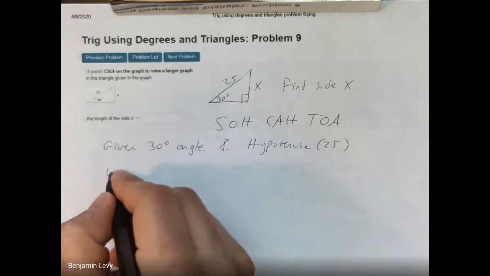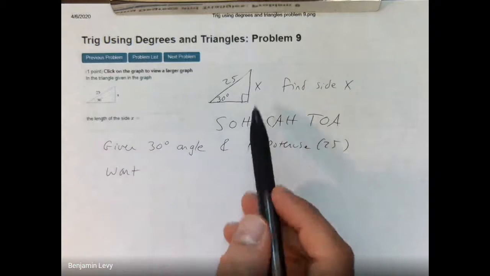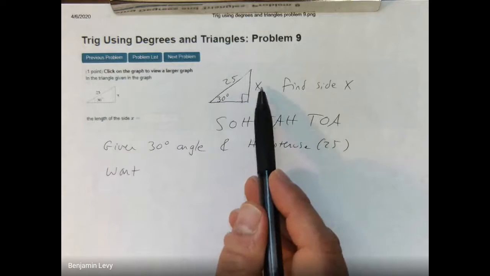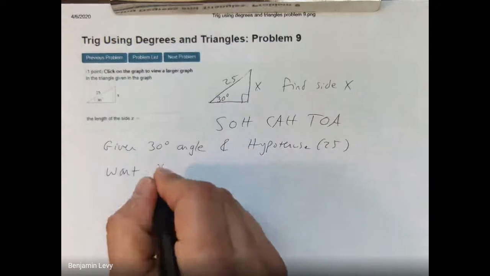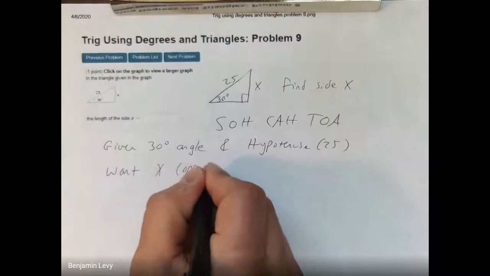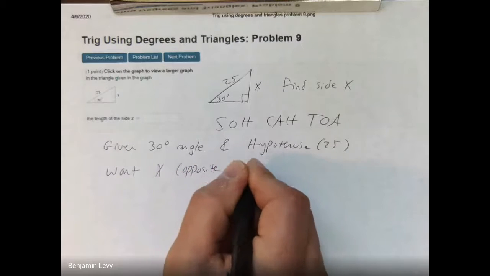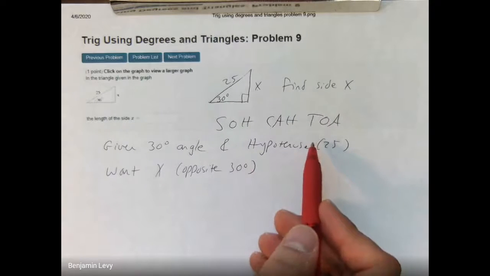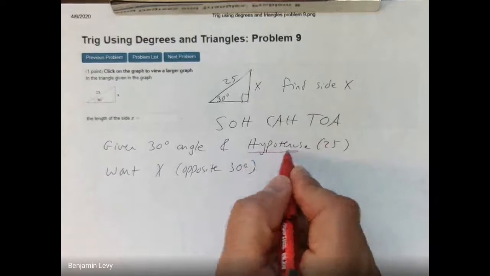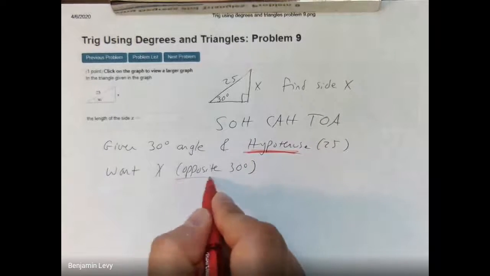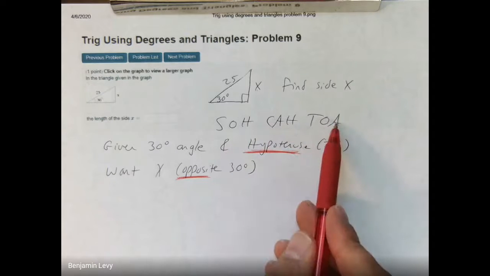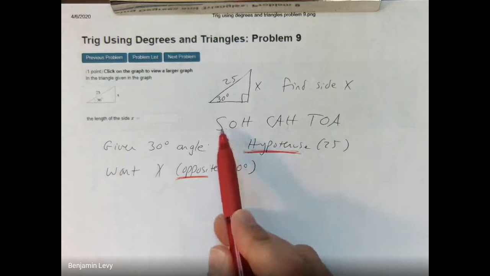And you want to find the X, and the X is the side that's opposite the 30 degrees. So you just think about what you have and what you want to find, and that tells you which part of SOHCAHTOA to use. You want to use the hypotenuse and the opposite side. And the thing that uses hypotenuse and opposite is the sine.